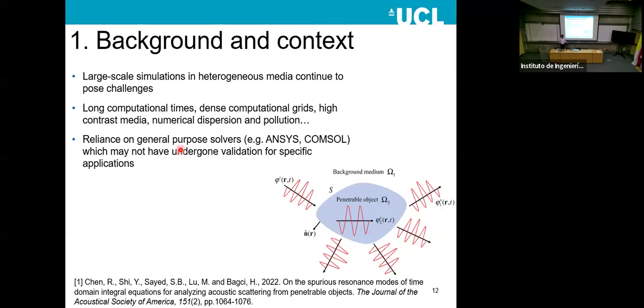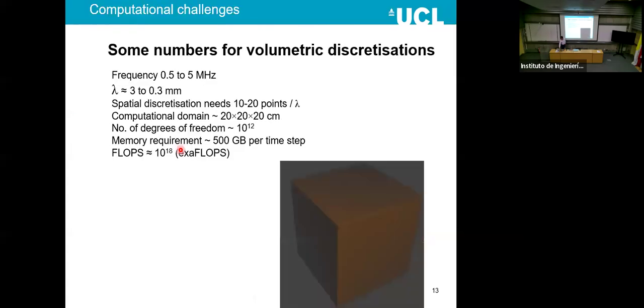If there's high contrast between the external medium and the piecewise homogeneous medium, you can run into problems with some methods, and you have artifacts of numerical dispersion and dilution that can occur with, say, finite difference time domain methods and the finite element method. Also, there's been a reliance on general purpose solvers in the past, such as ANSYS and COMSOL, which may not have been tested for a bespoke application.